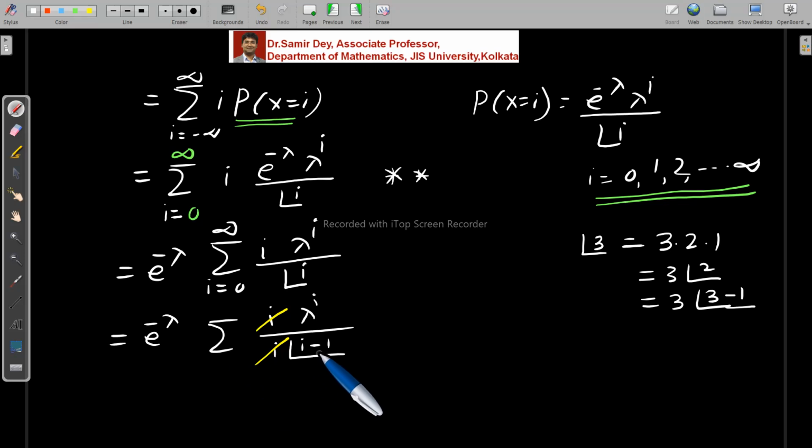Clear? So here you need to write i is equal to not 0. Be careful, not 0. You should write 1 to infinity. Is it clear? Because if I write 0, then 0 minus 1, that is negative factorial, which is undefined. So that's why you should write i equal to 1 to infinity.